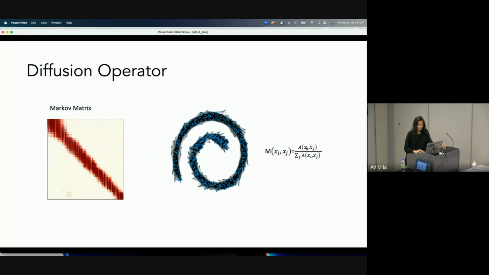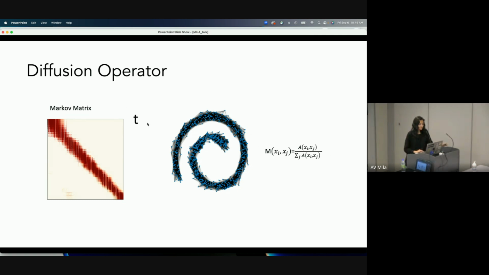You take this affinity matrix that has some affinity value between two cells, i and j, and you row normalize it by using the row sum in the denominator. And so this creates a Markov matrix, which can also be thought of as a transition matrix. And the transition is describing a random walk on this graph. It's saying if I'm on one data point, which is one cell, what's the probability I jump to other cells?